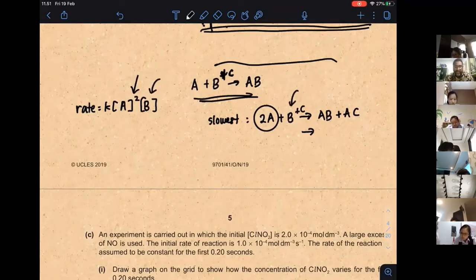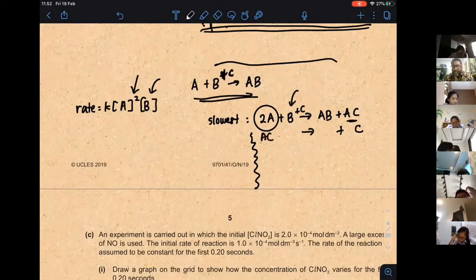But the others can come in, and your work is to come up with steps to eliminate the others. Like for example, come up with a step to add with C, and come up with a step to eliminate this AC.